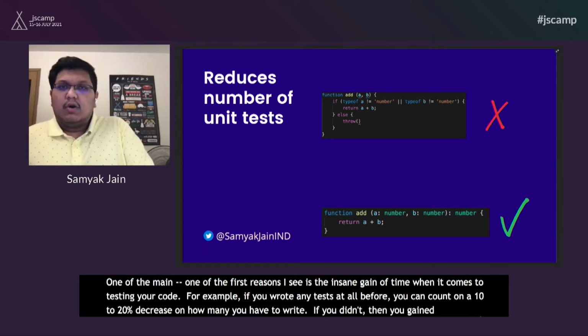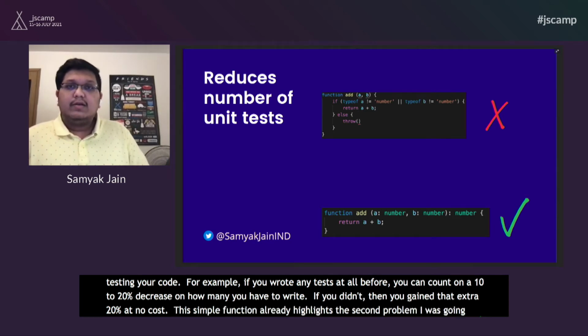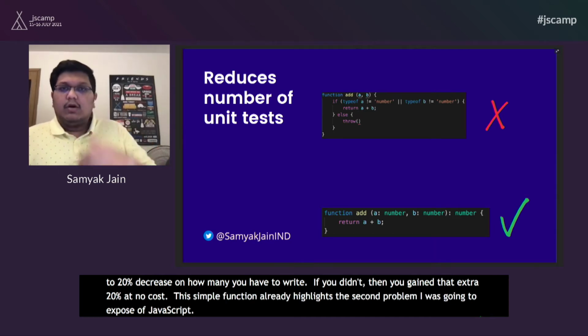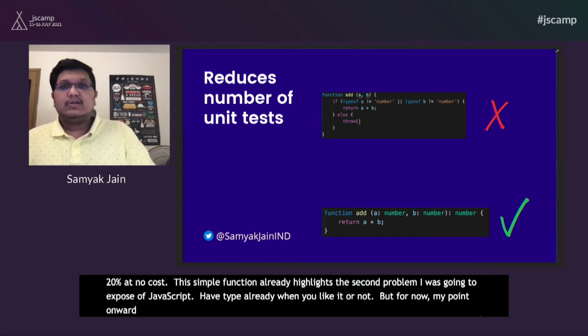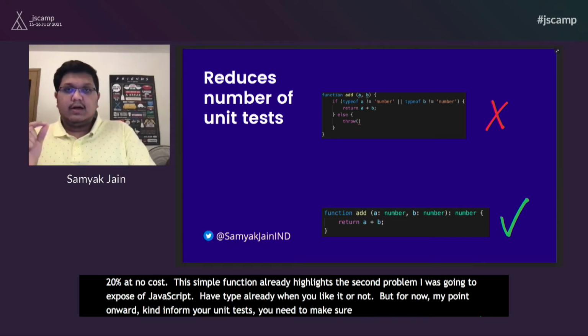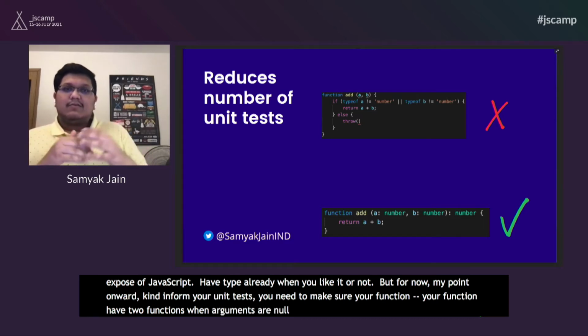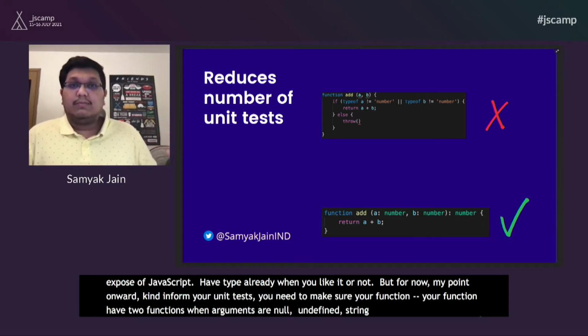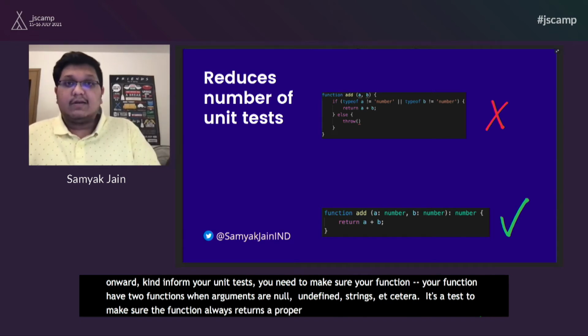This simple function already highlights the second problem I was going to expose. JavaScript has types already whether you like it or not. In your unit test, you need to make sure your function throws when arguments are null, undefined, strings, etc. It's another test to make sure the function always returns a proper number and not an empty value or an exception.